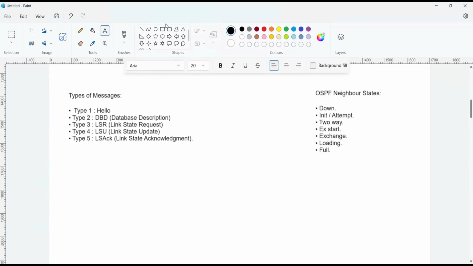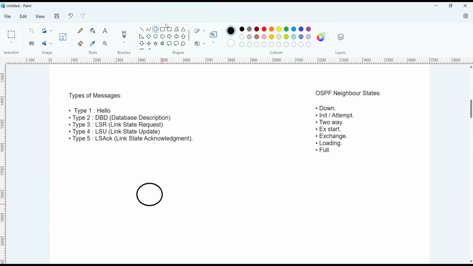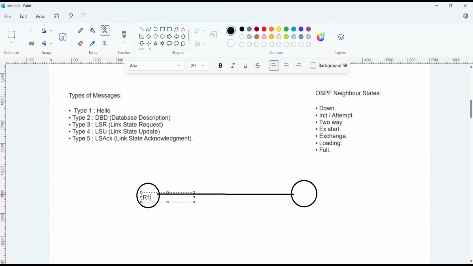First of all, router 1 and router 2, we just enable OSPF with the help of a command. Let's listen properly: here we have R1 and R2, and in between we are using OSPF.